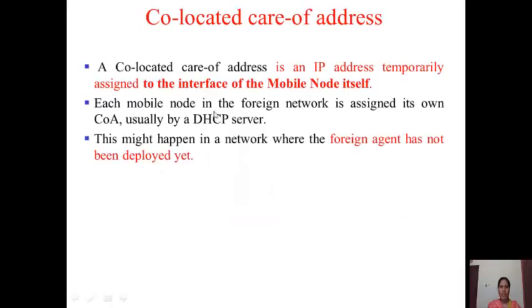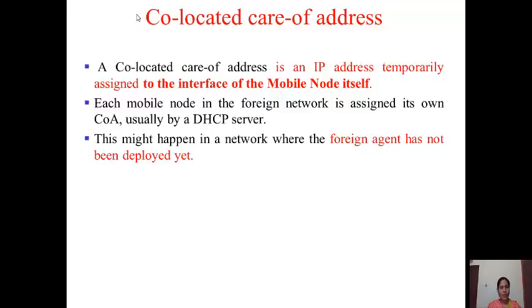And the other one is the co-located care of address. A co-located care of address basically is assigned whenever there is no foreign agent available in the foreign network. Then we would be wondering how a care of address would be assigned without any foreign agent. Here we use the mobile node itself as an interface, and an IP address that is temporarily assigned to the interface of the mobile node is basically called the co-located care of address, right?